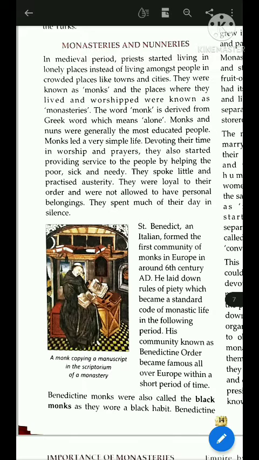They used to devote their time in worship and prayers. They also started providing service to the people by helping the poor, sick, and needy.